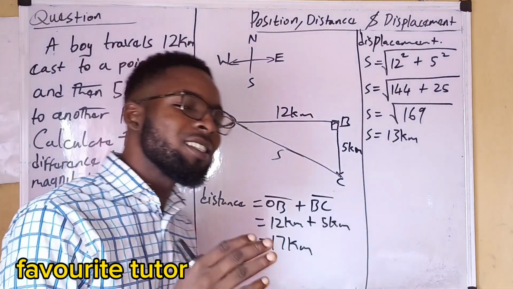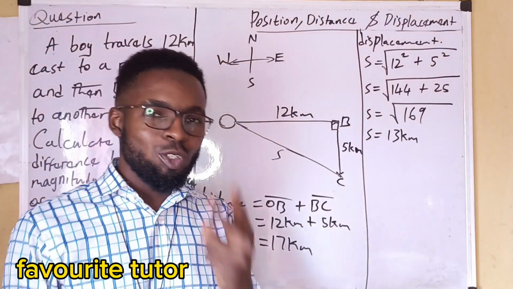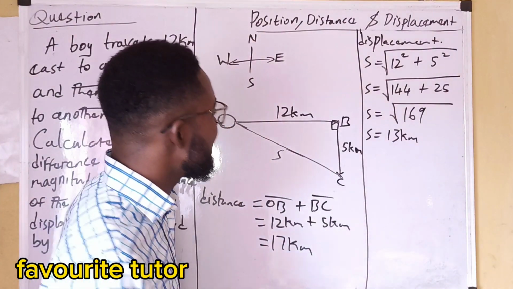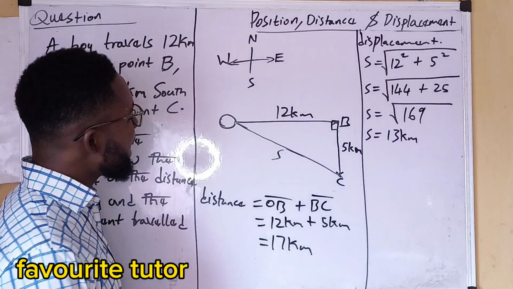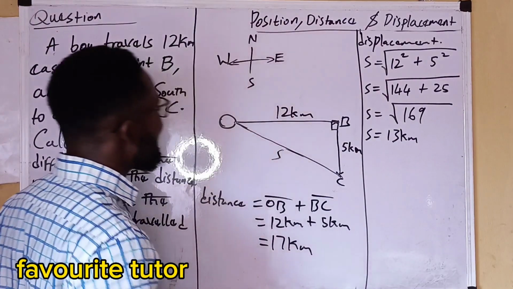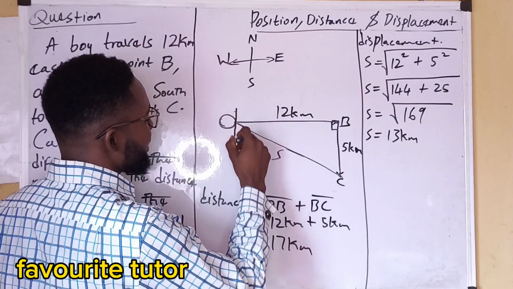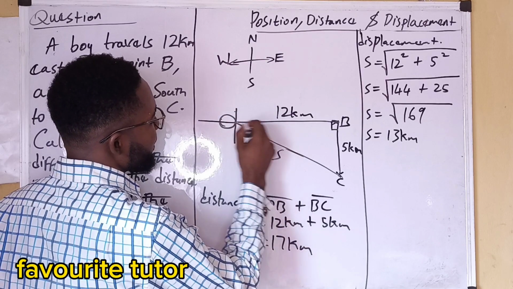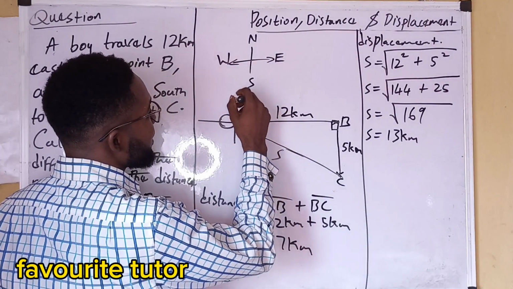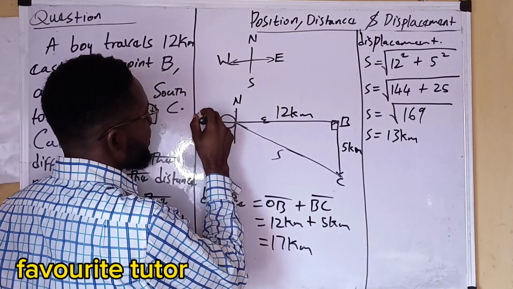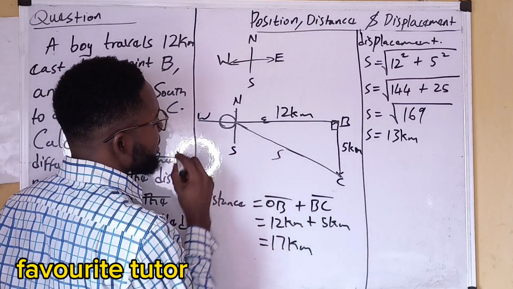Now displacement is the extent of space covered between 2 points in a specified direction. What is the specified direction right here? If I start from the origin, here is east, here is north, here is west, and here is south.